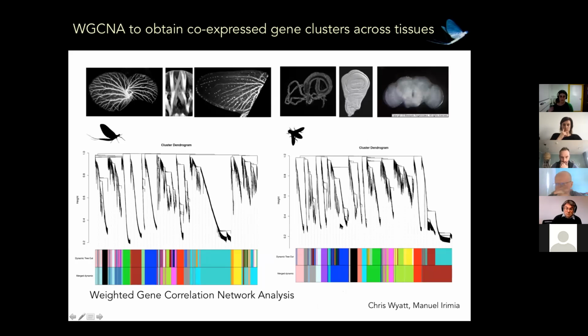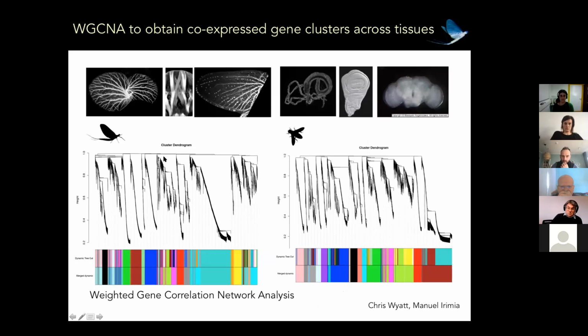This time, we have all our transcriptomic data from the different tissues, and what we get are clusters of genes that are co-expressed in these tissues.